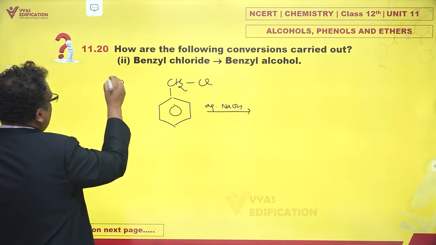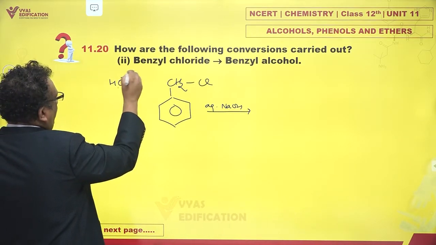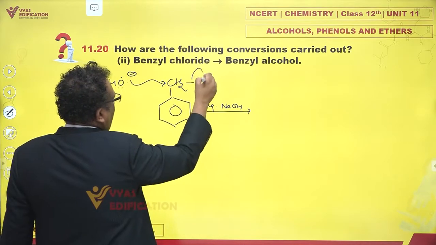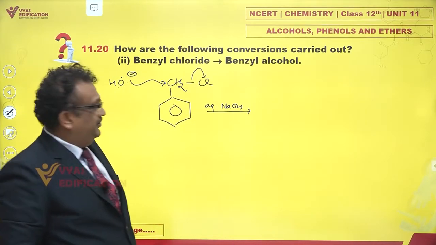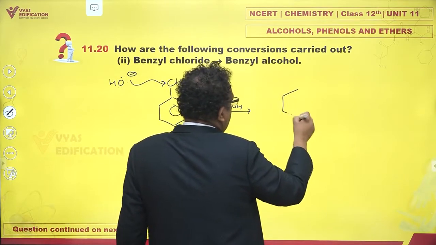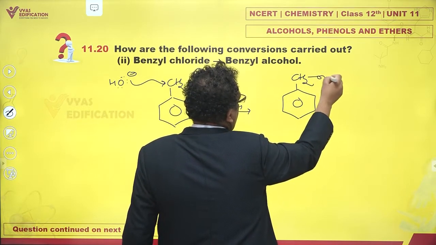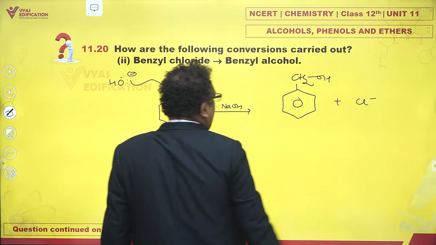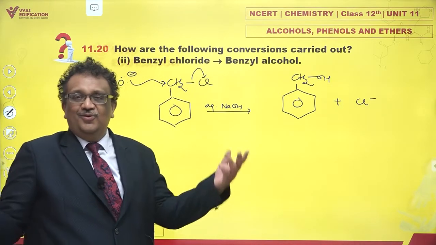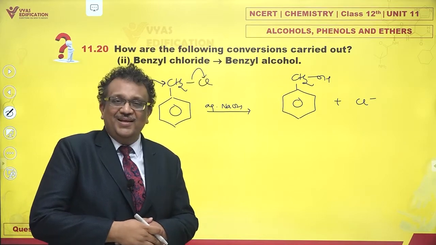We want substitution. Take OH minus, which is a strong nucleophile, a classic SN2 reaction. In one step, you get CH2OH, and chloride is kicked out. You get benzyl alcohol, as simple as that.